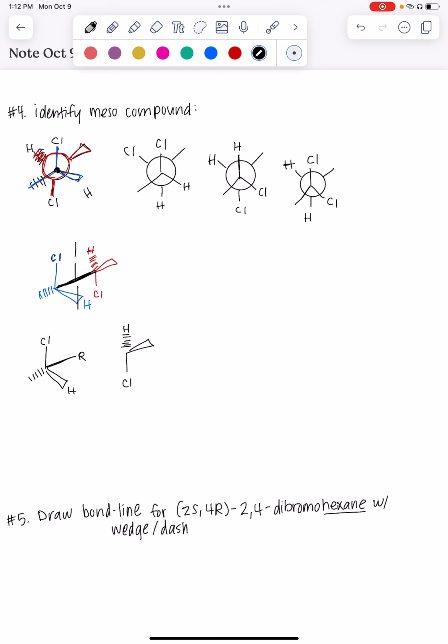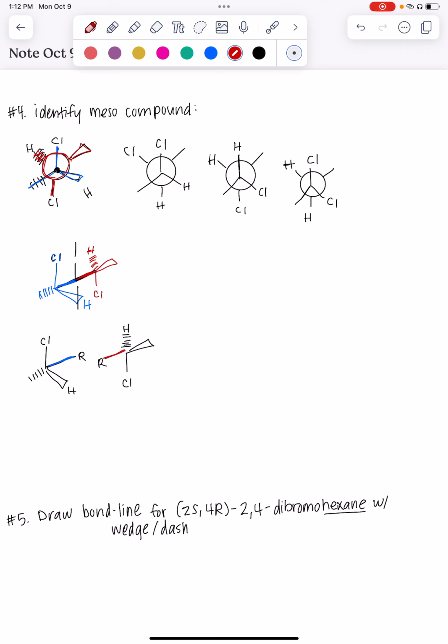And that means that that R group, which we can see right here, is going to be in plane still, but it's going to be coming to the left. So we'll call that R. And I'll label these. This one is this, and this one here is this line here. We've literally just taken the molecule and split it into two chiral centers.